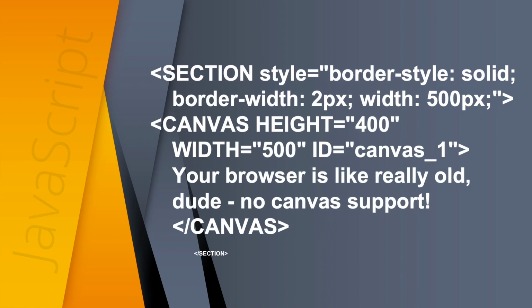Because the HTML5 canvas is a blank space, we'll add a border around it. So we have the style attribute: border-style solid, border-width 2px, and width 500px.